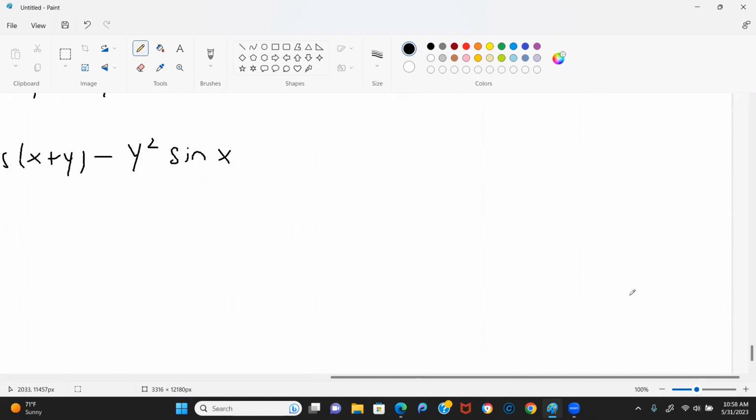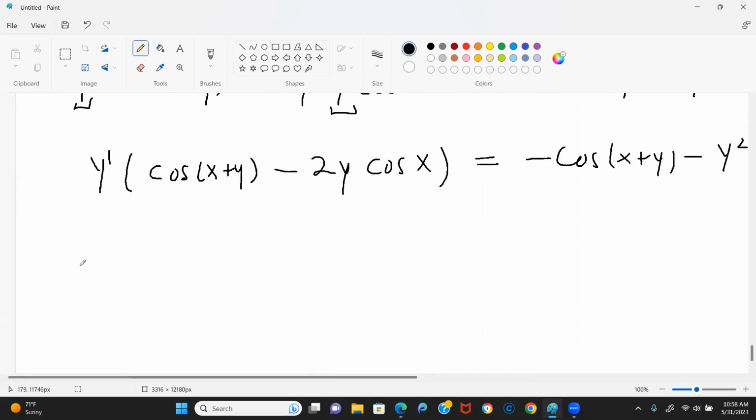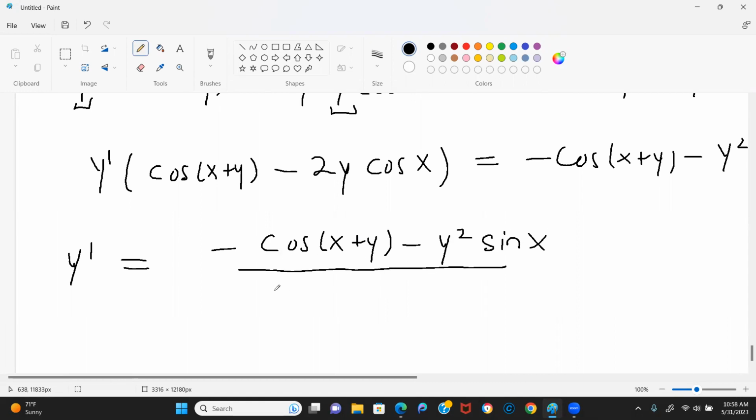And now I can divide to solve for y prime. So y prime will be equal to negative cosine of x plus y minus y squared sine of x, all divided by cosine of x plus y minus 2y times cosine of x. So I have a negative here, a negative here.